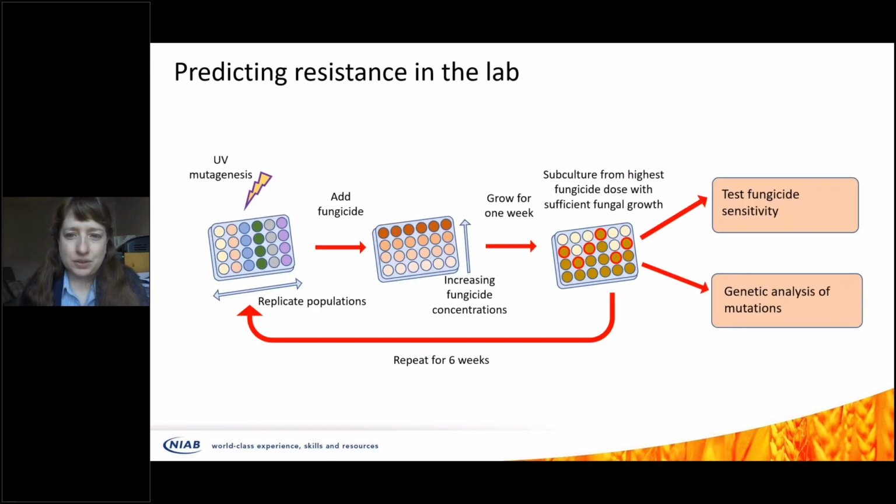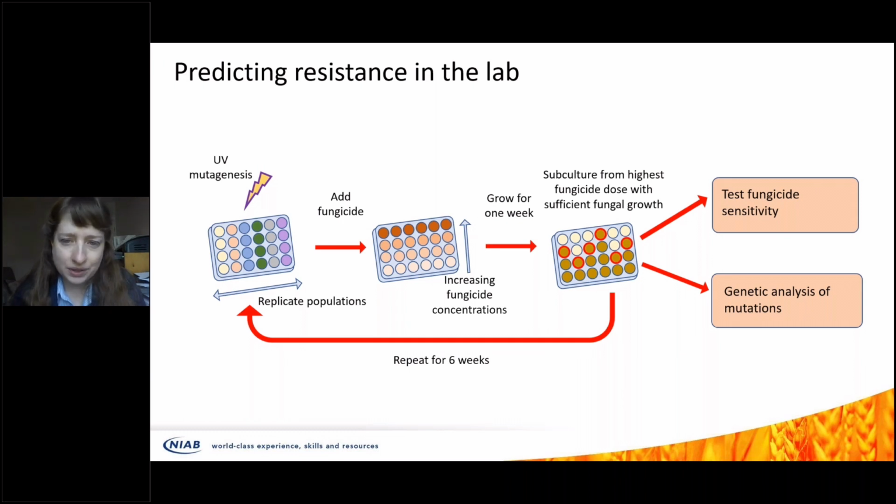And so some of the research I'm doing at the moment is looking at how we can predict resistance in the lab. We have populations, and I'm working mostly with Septoria, a fungus, in the lab. We use UV, so we have lots of mutations there.